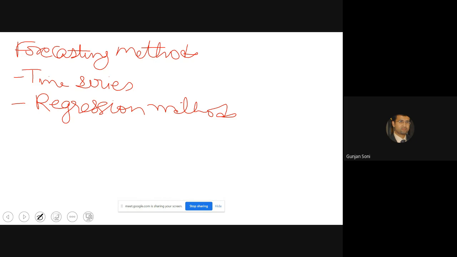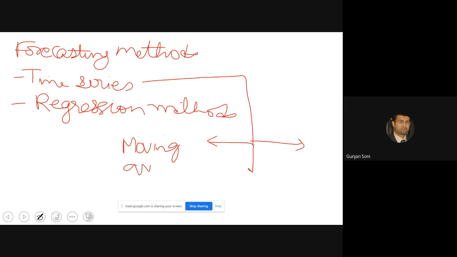So let's talk about time series methods. There are three different types of time series methods. The first is moving average, the second one is exponential smoothing, and the third one is linear trend line.